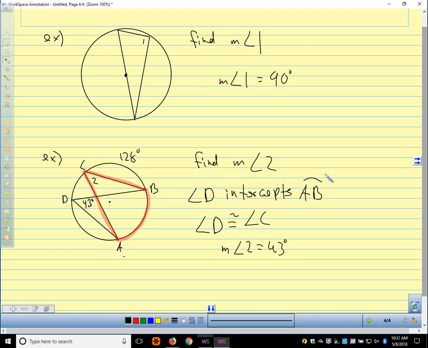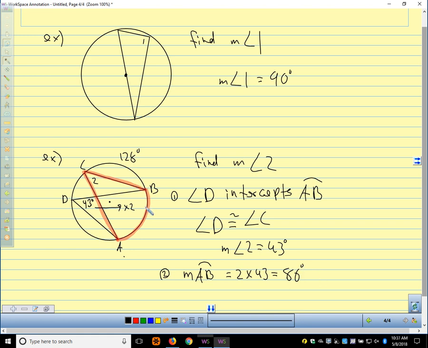If we didn't remember that, we could say, to get from the angle to the arc, we multiply by 2. So the measure of arc AB, this is the first method. The second method, we could say the measure of arc AB is 2 times 43, which is 86.